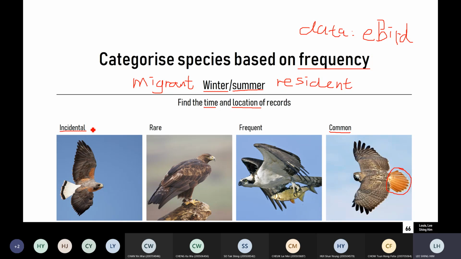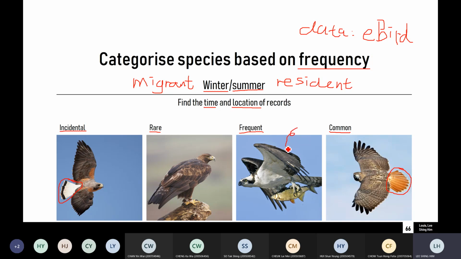This word means you only see the raptor 1 or 2 times in the urban. An example would be this white-tailed hawk. You see, the tail color is white. So the name is derived from the body feature, and then there are 2 more classes: rare and frequent.